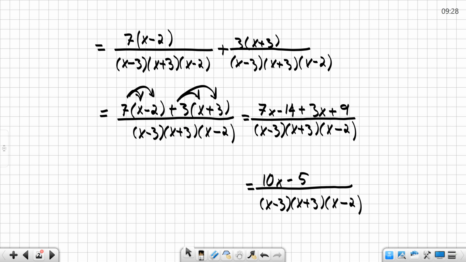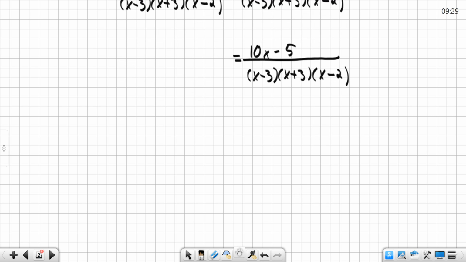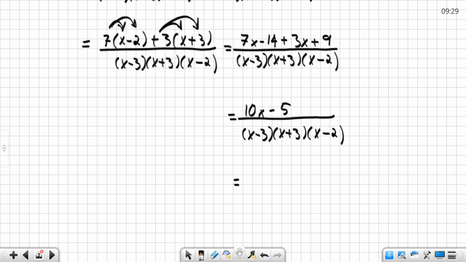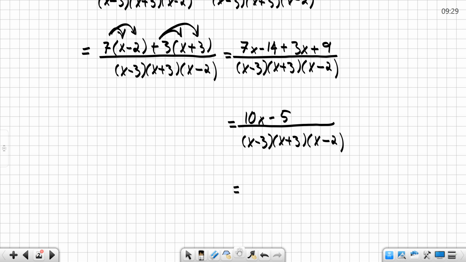All right, you might think that you are done, but as always, look for common factors in the numerator and the denominator. Is there something that we can factor out? No, I don't see any. Well, the numerator can be factored, but there is no common factor to be found.